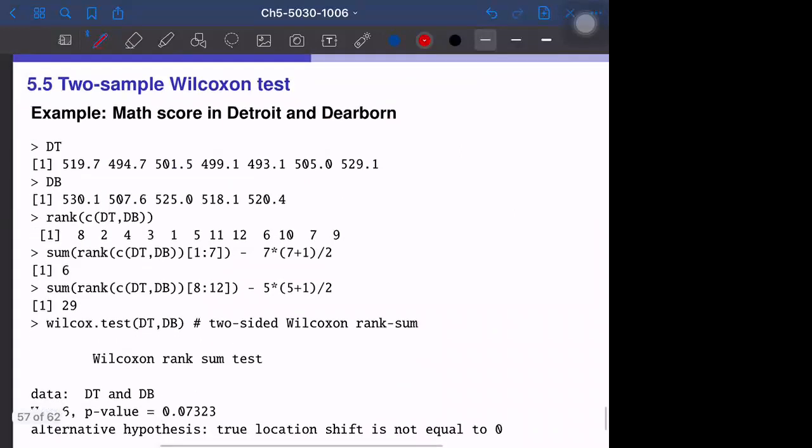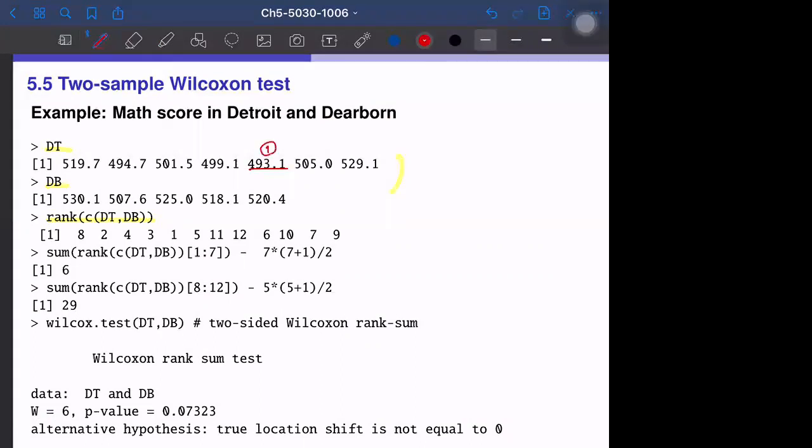And here's an example in R. Remember that we have 2 samples, DT, Detroit, and Dearborn, DB. So we rank all observations combined. The smallest one is 490, maybe.